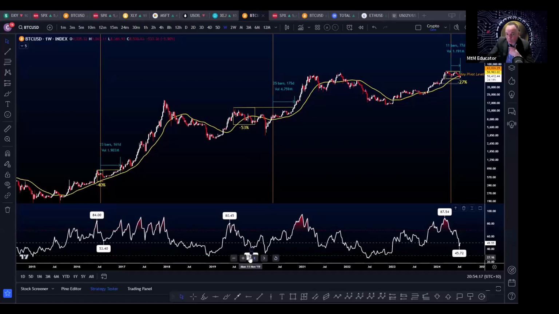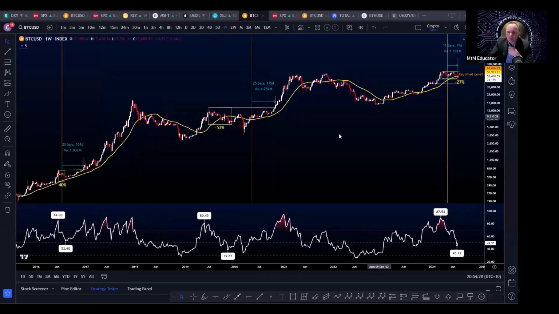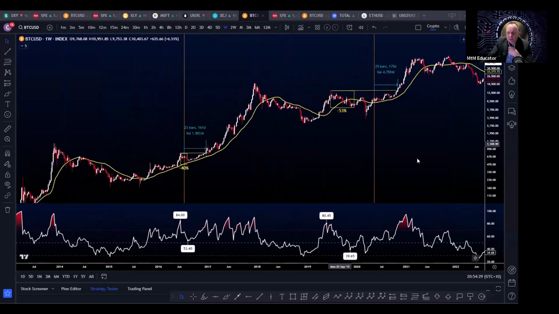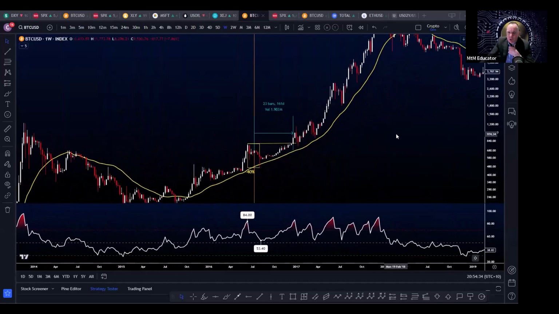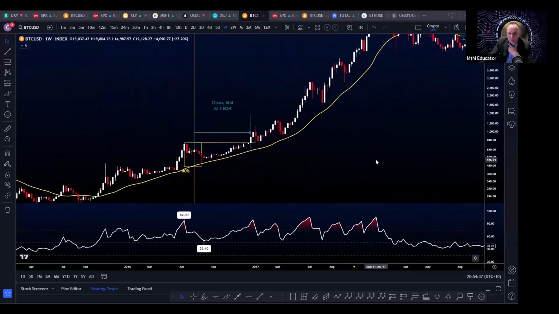This one pulled it all the way down to 39. And this one's pulled us down to 45, which is incredibly healthy. When we start looking at a key thing, we start looking at what the post-halving consolidation period looks like.